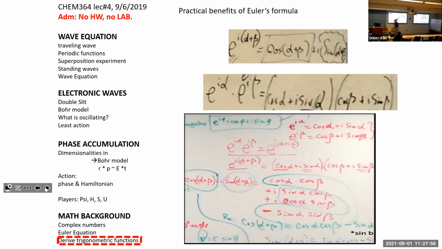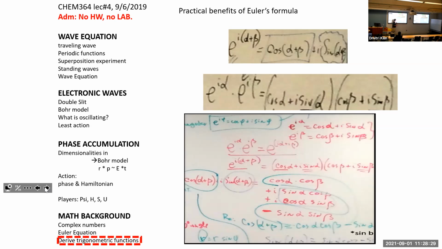Make sense? Now, if you plug in the Euler equation here, literally, and plug in Euler equations there, here it will be cosine and sine of the sum. Here will be cosine of the first argument, cosine and sine of the second argument. And then you just pull everything on the left and right side. So you multiply these 2 things, and then establish equality between the real part and the imaginary part.